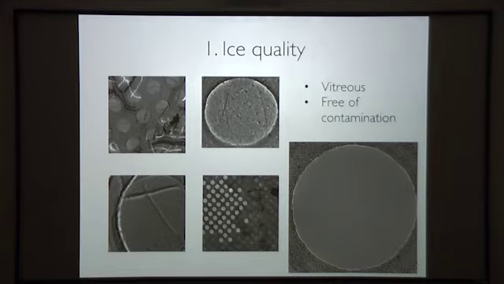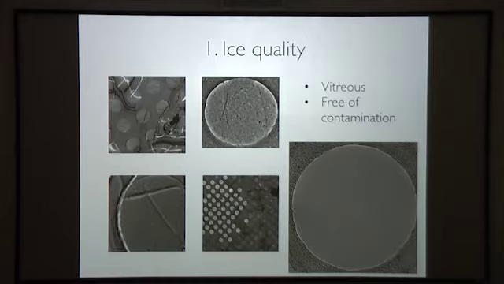Christos covered this yesterday, so I won't spend much time on it. But the important thing is really to evaluate your ice quality. Is it vitreous? Is it free of contamination? If you have crystalline ice, some of the possible sources could be during plunge freezing, ice crystals from your liquid nitrogen, and warm-up of the grid during handling.